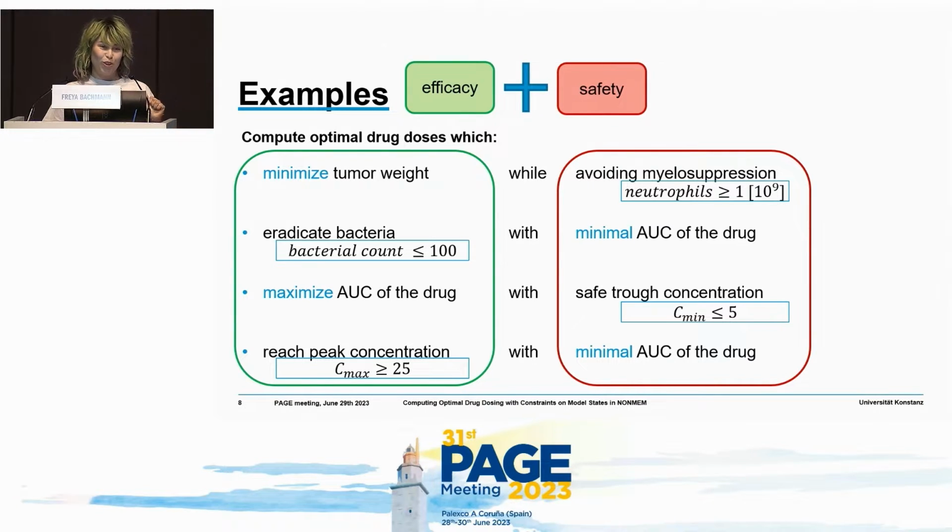Now, example 2 is to eradicate bacteria with minimal AUC of the drug. Here, we have an efficacy state constraint because it is our top priority to avoid sepsis, to have the bacterial count below a certain threshold.